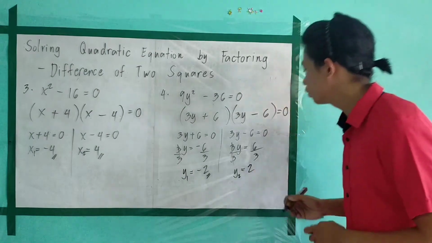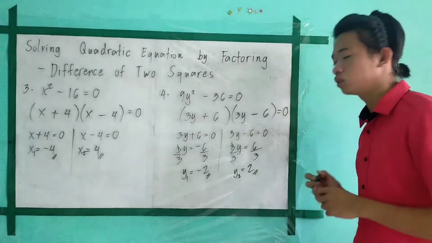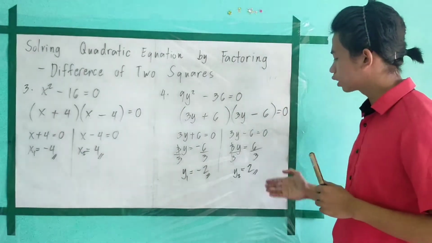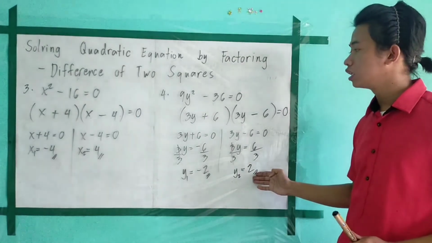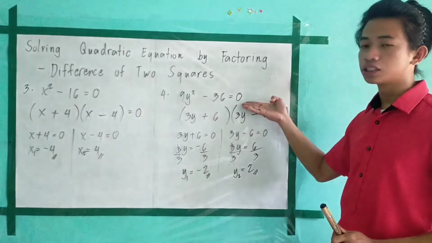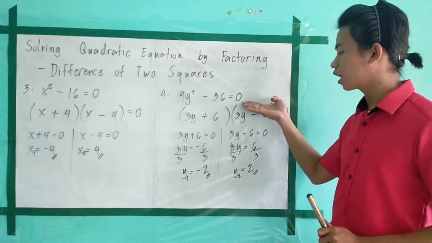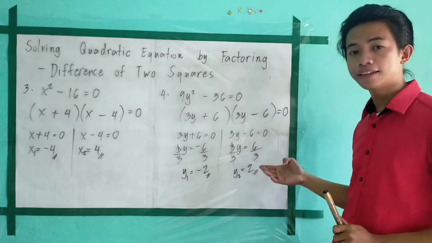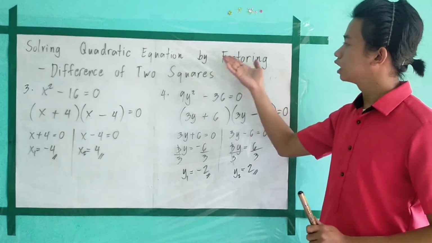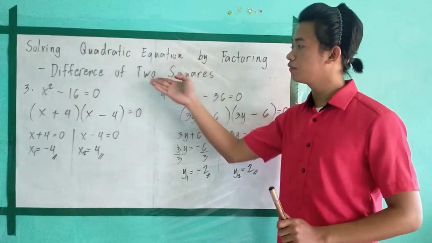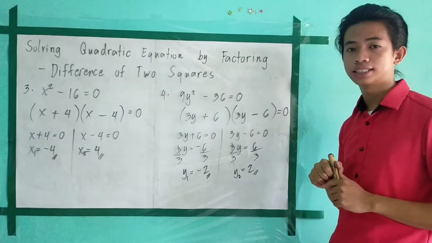So, our y sub 2 is equal to 2, or the second solution is positive 2. Therefore, the solution in these given problems are negative 2 and positive 2. That is solving quadratic equation by factoring using difference of 2 squares.